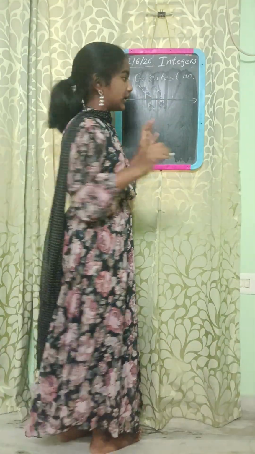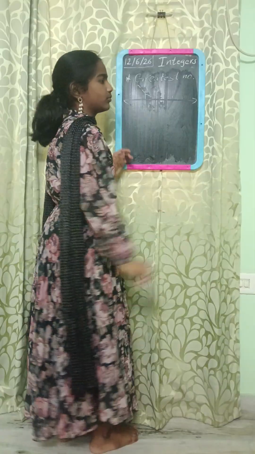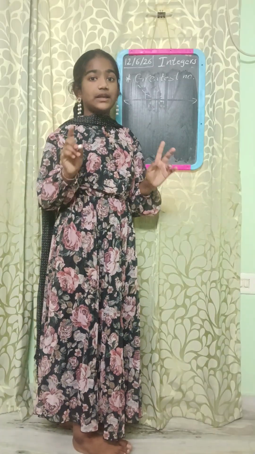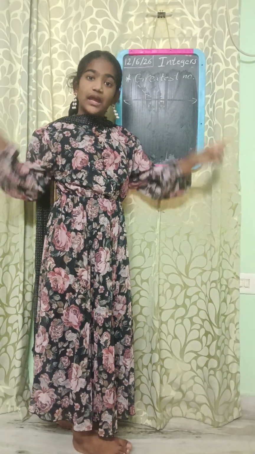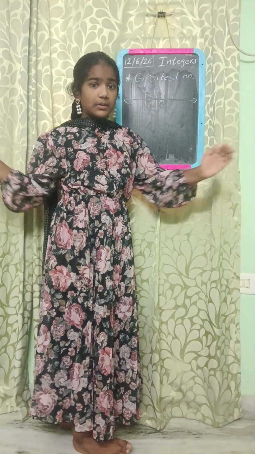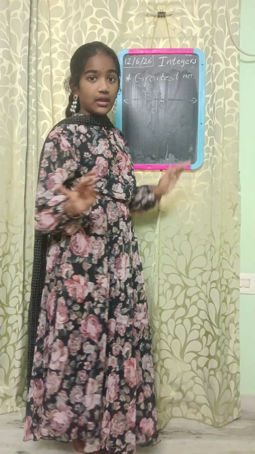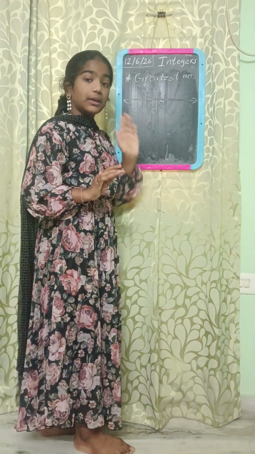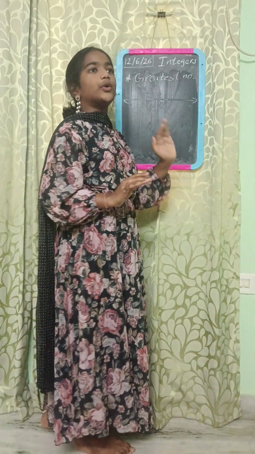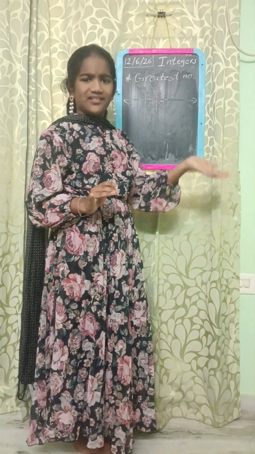Whenever we draw a number line, we should keep arrows here. Because a number line will not be ending at a point, because the numbers will be increasing. We should not take care about the length, but as it goes the numbers will be increasing up to lakh, crore, like that.